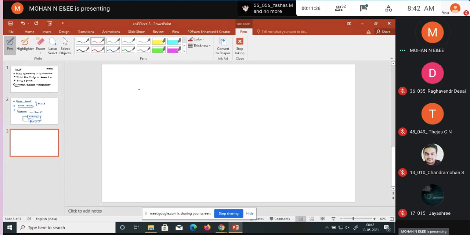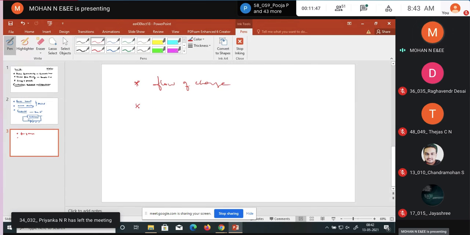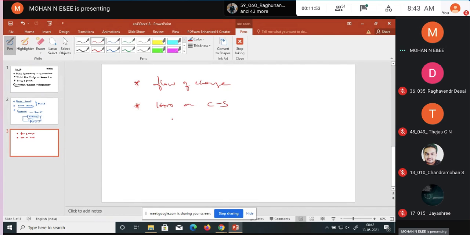So there should be a flow of charges through a cross section of the material, and you should have some time unit to measure. These define the electric current, denoted by I, which is delta Q by delta T.